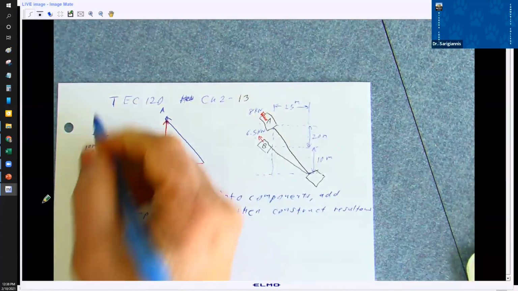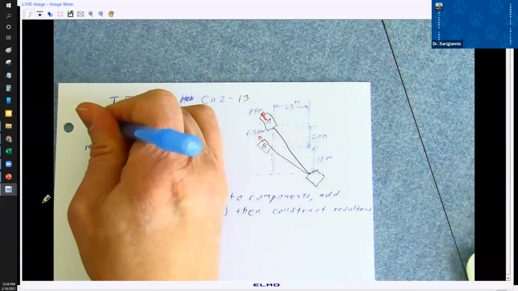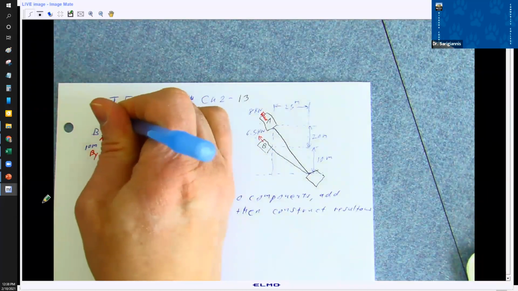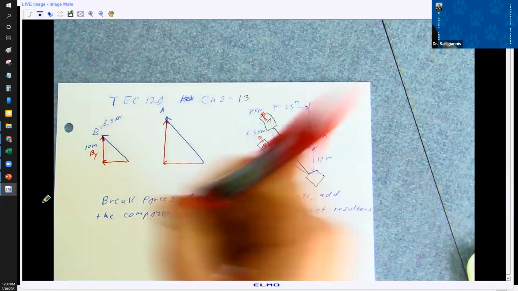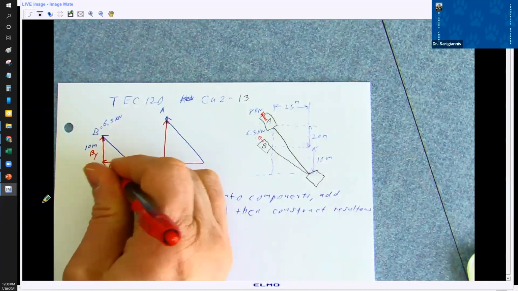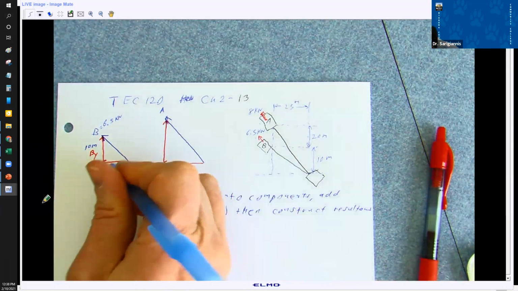Now, I know my force B is 6.5 kilonewtons. And this is going to be BX. And this is 25 meters.